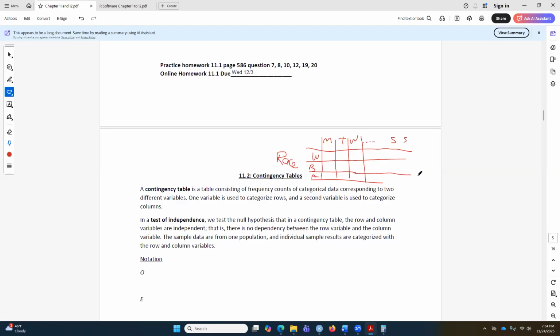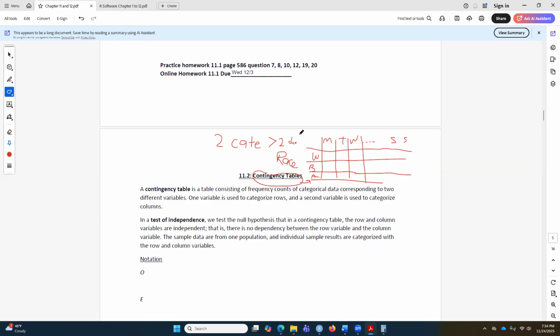This table is called a contingency table, with 2 categorical variables, each having more than 2 choices.